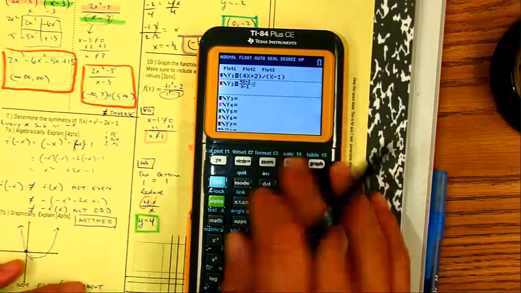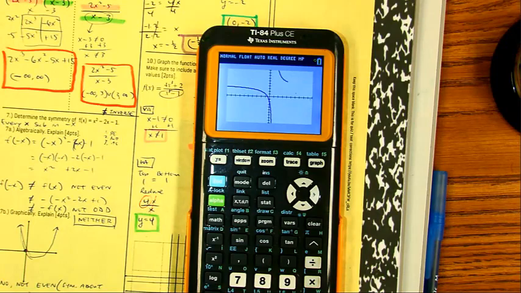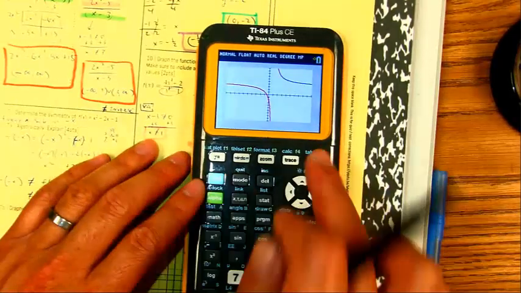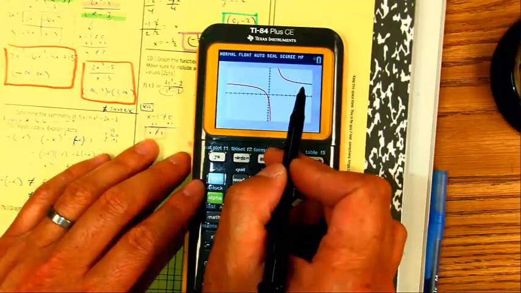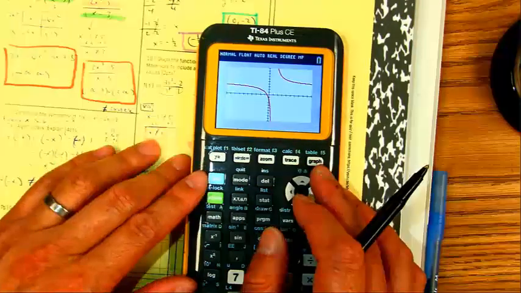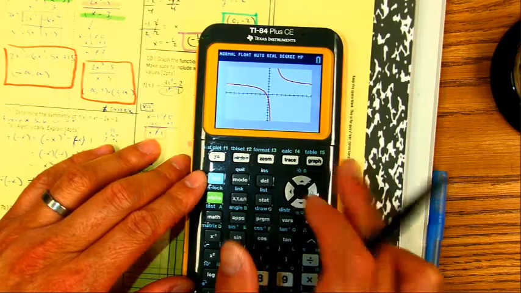Let's press zoom 6. Now the goal wasn't to just take the graph from the graphing calculator, but to get the table. So second table, and you can see how the graph changed colors to show that those two that I wrote were exactly the same. And what did I want to show you? Oh, table set.